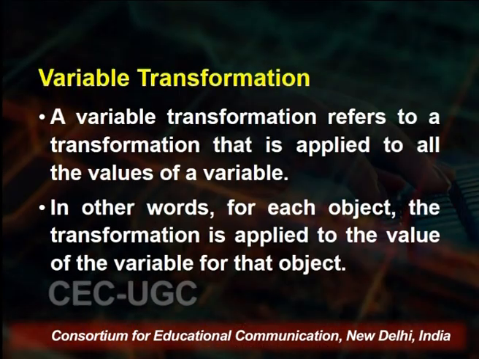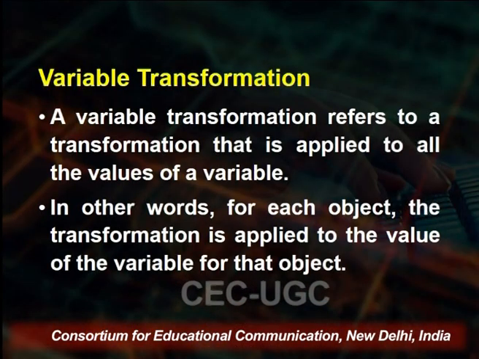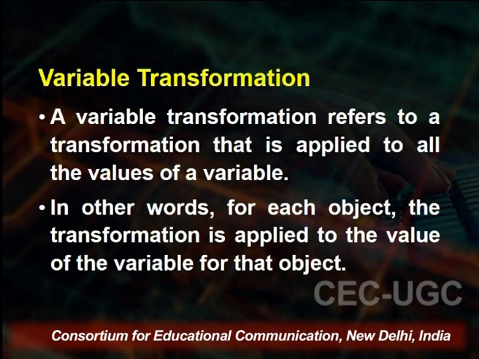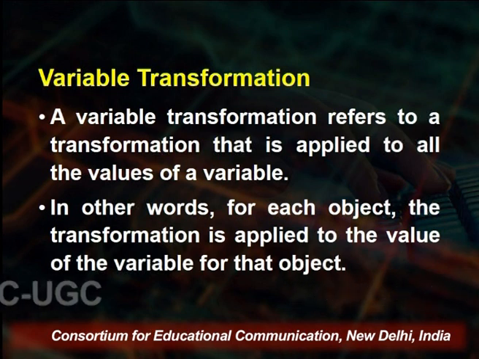Then the next thing that we look at for dimensionality reduction is variable transformation. Variable transformation means that we are transforming the value of a variable. We are applying some transformation to the value of the variable.